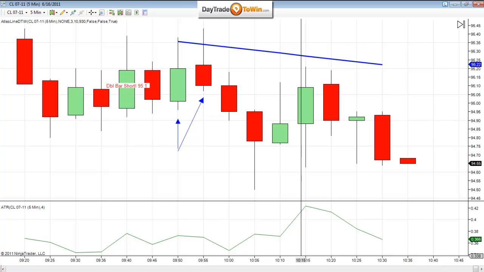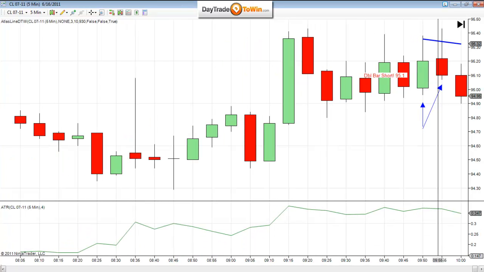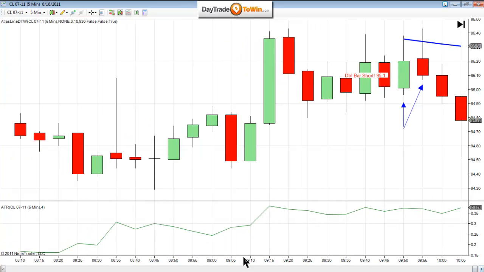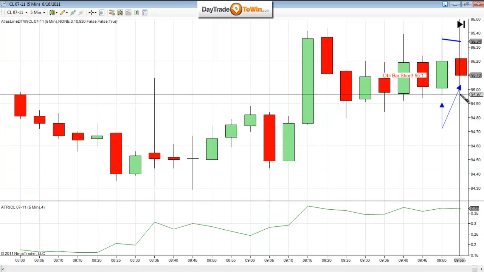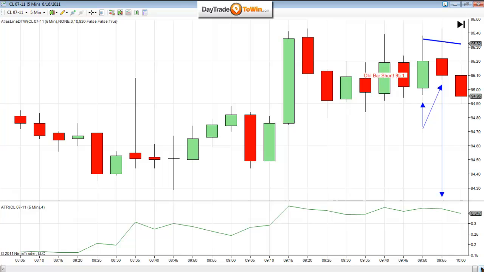It's telling me the current market conditions. As soon as I get an order to go short, I immediately look down, Will, and you see that number? 0.37. That is my profit target. 37 cents. That's my profit target.